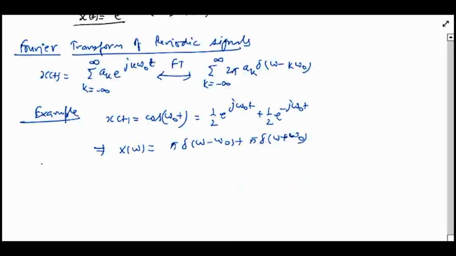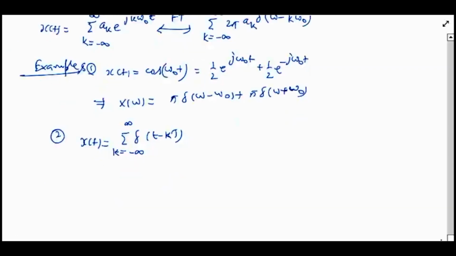Let's see another example. Suppose x(t) is an impulse train, that is, the sum over k from minus infinity to infinity of delta(t minus kT).